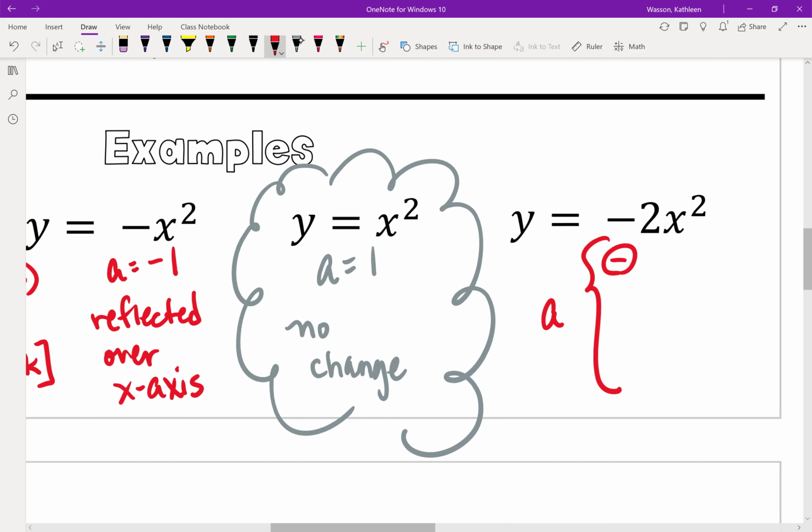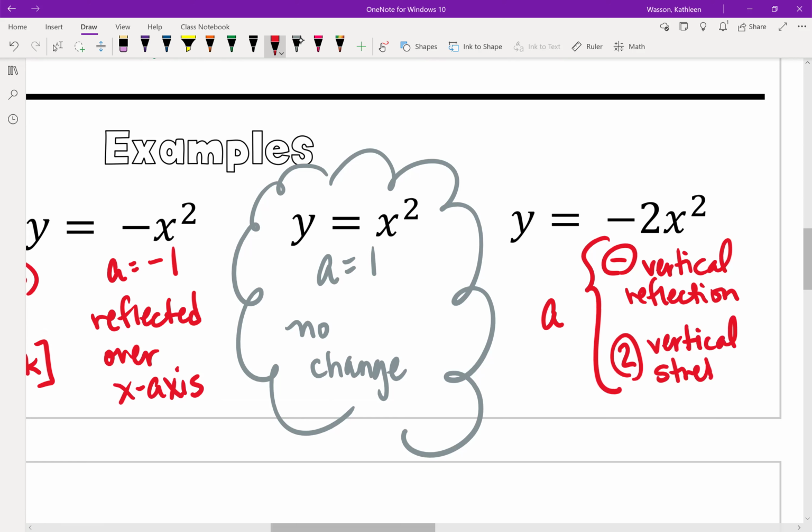That gives me a vertical reflection. The other change is because A is not 1, A is 2. So that changes the shape. I have a vertical stretch by 2.